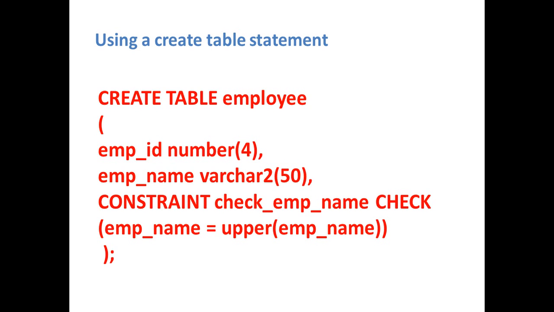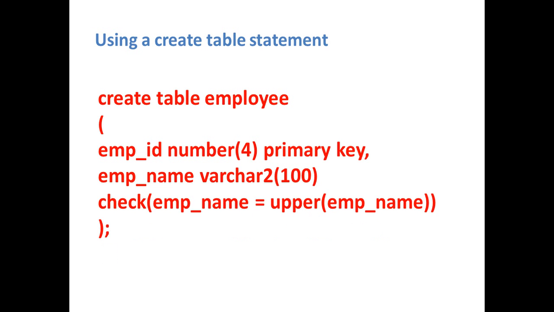After that, this is the syntax: constraint, then the constraint name, here chk EMP name, and then the clause check within brackets. This is the condition given here. The condition is that you cannot enter EMP name in lowercase. You have to always enter the EMP name in uppercase. So it checks whether the EMP name is equal to upper EMP name. This is one method where we can create a check constraint.